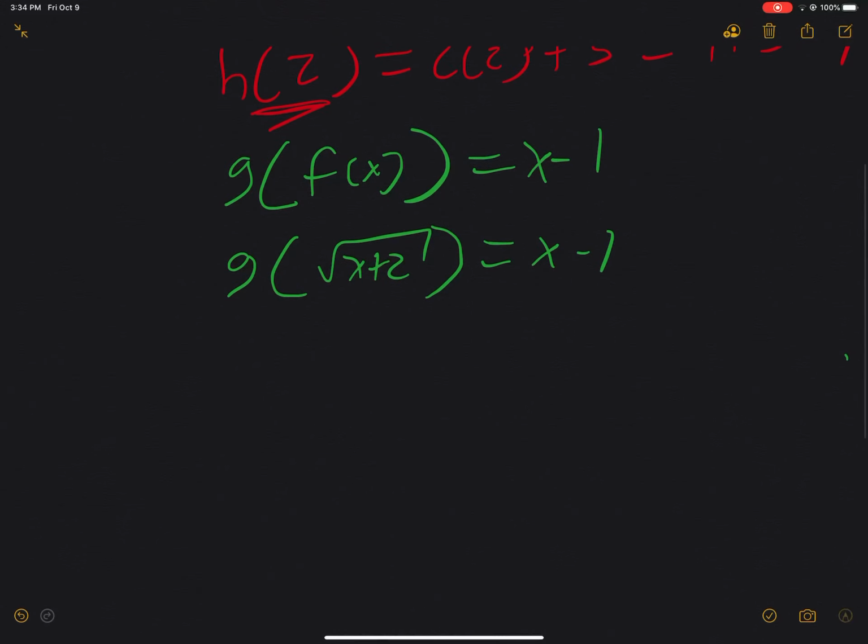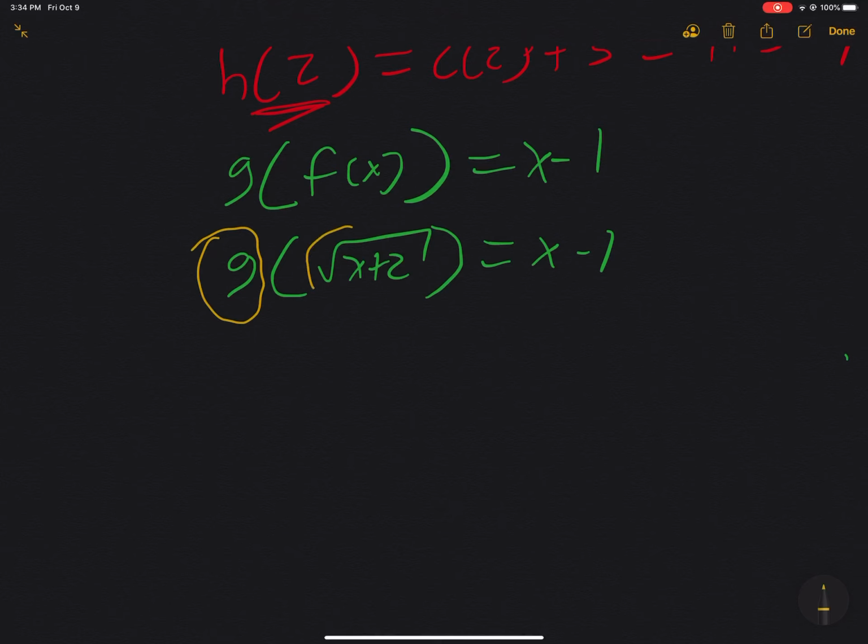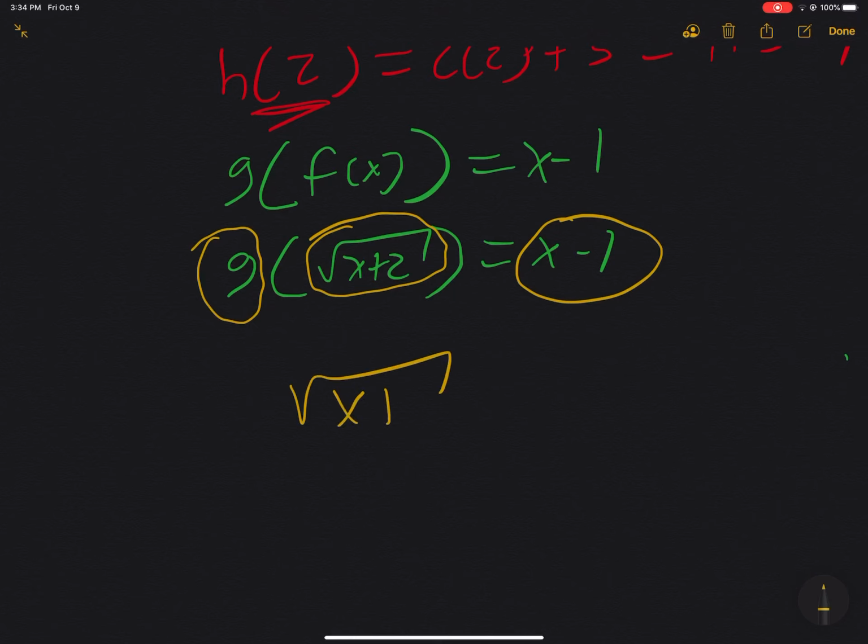And this problem states, because of what I wrote in red, if you apply some set of rules to the function, the square root of x plus 2, those rules should spit out an x minus 1. And now we need to find those rules. So all we say is, how do I get from the square root of x plus 2 to x minus 1?